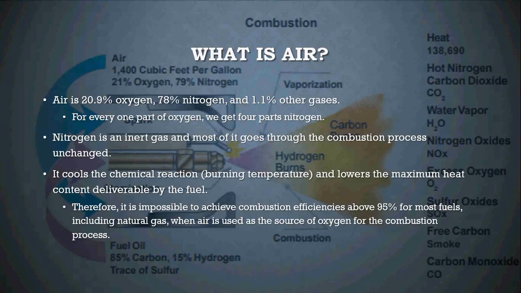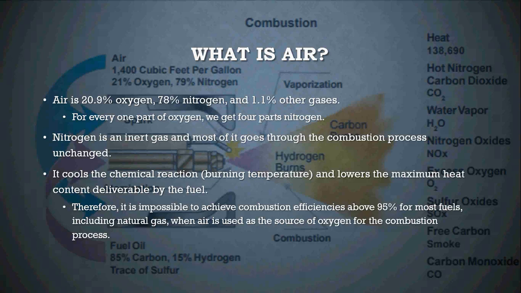So what is air? Air is 20.9% oxygen, 78% nitrogen, and about 1.1% other miscellaneous gases. For every 1 part of oxygen, we get 4 parts nitrogen. Nitrogen is an inert gas, and most of it goes through the combustion process pretty much unchanged.